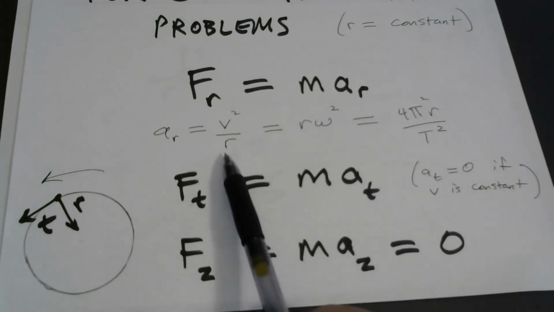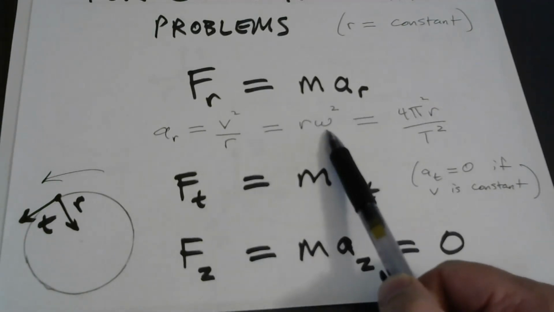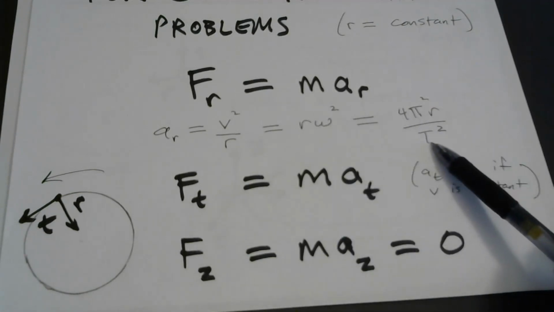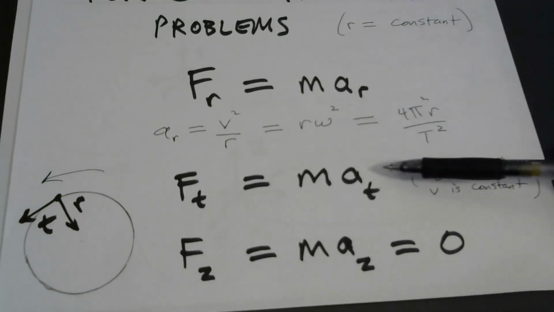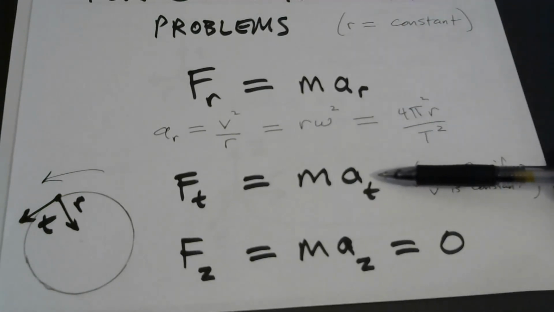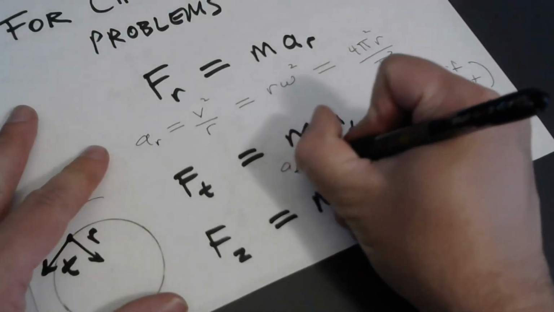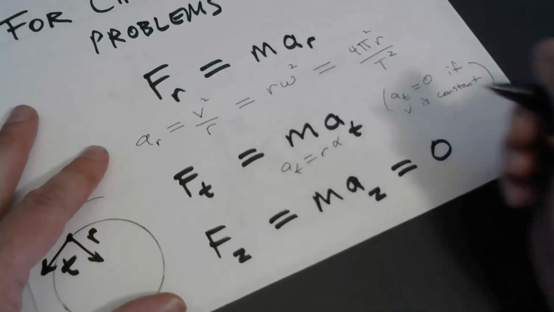You can calculate it as v squared over r, or if you happen to know the angular velocity, this might be a more convenient way to calculate the radial or centripetal acceleration. Or if you happen to know the period of the circular motion, this would be the most convenient formula to use. We've also got F equals ma along the tangential axis, and I should probably add a tangential is r times alpha.